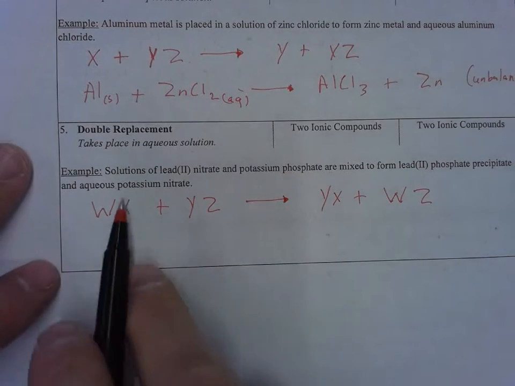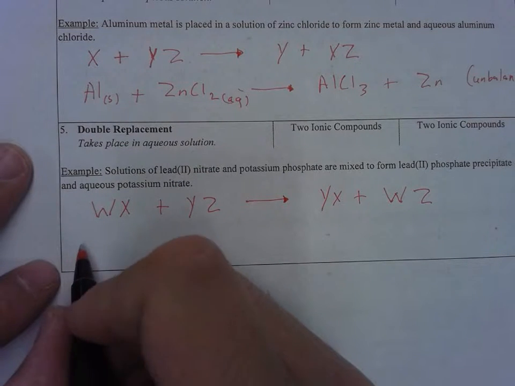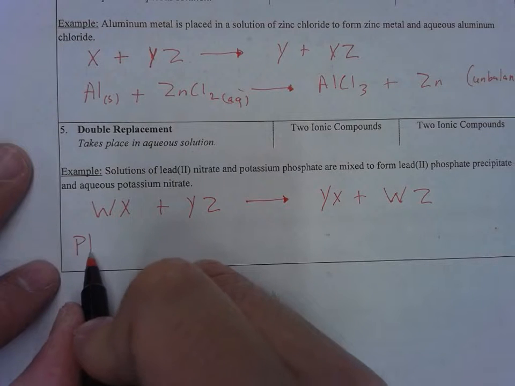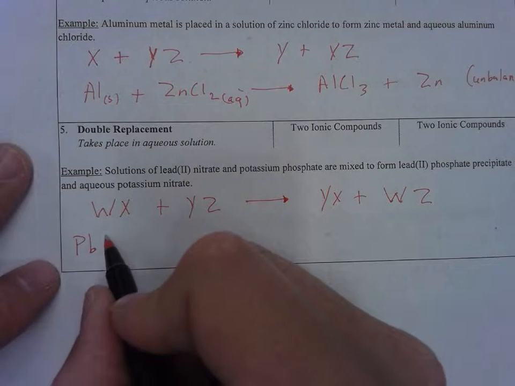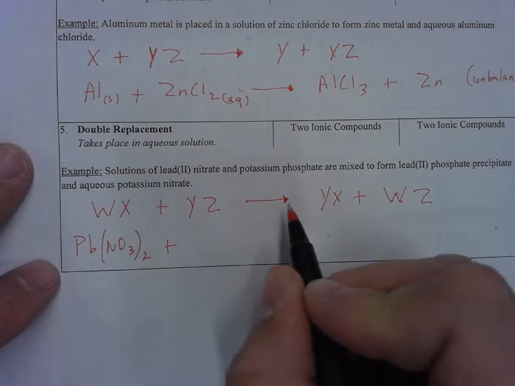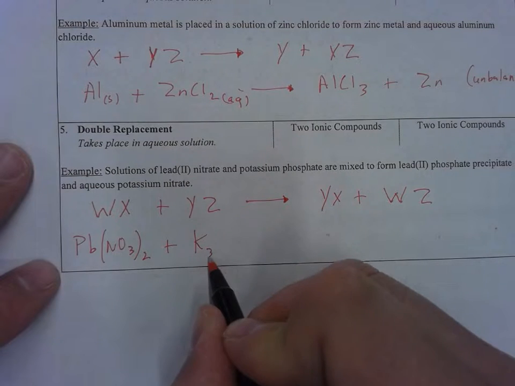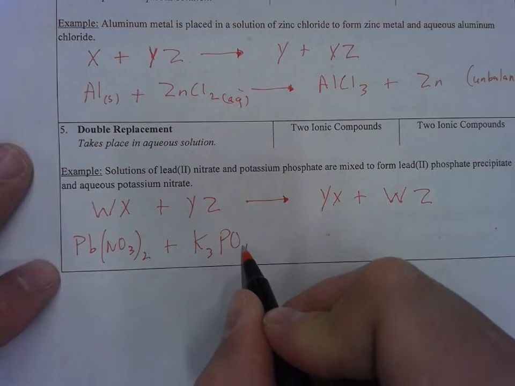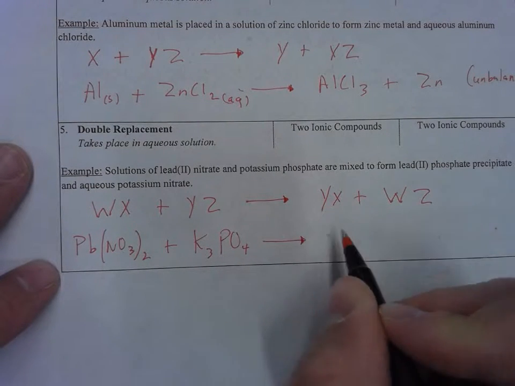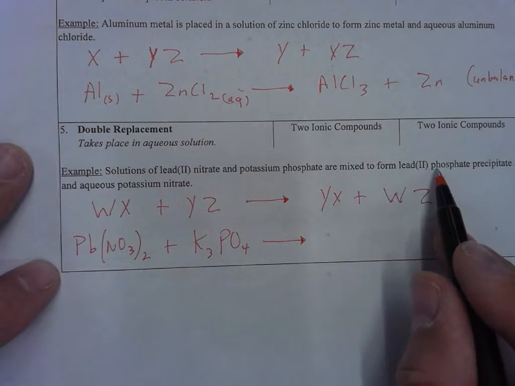In this case, we've got solutions of lead 2 nitrate. Okay, so lead 2 nitrate is going to look like this. Pb(NO3)2 plus potassium phosphate, K3PO4, yields, is mixed and it forms lead 2 phosphate, right?